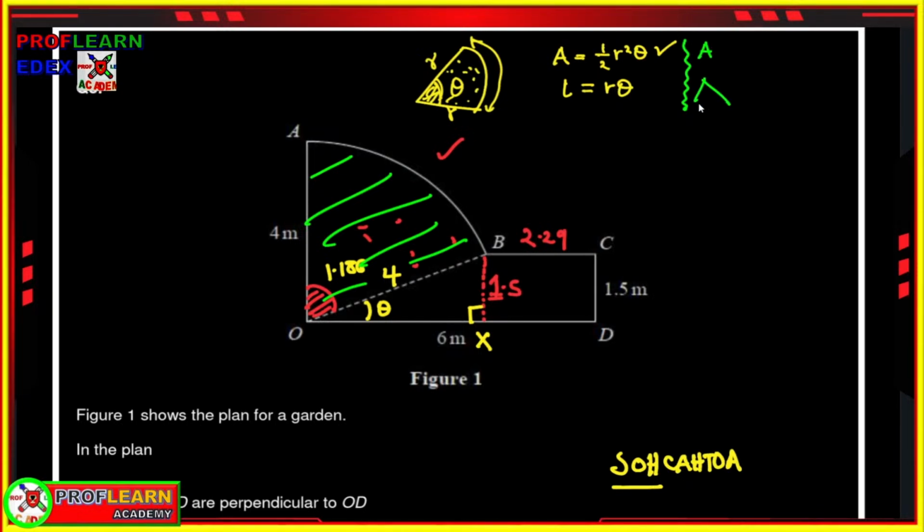If you have a triangle and you are given one of the angles, area equals half ab sine C, whereby a and b are the sides that form that angle. Don't forget the cosine rule, and also the sine rule in this particular topic.